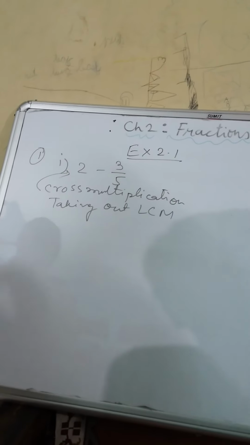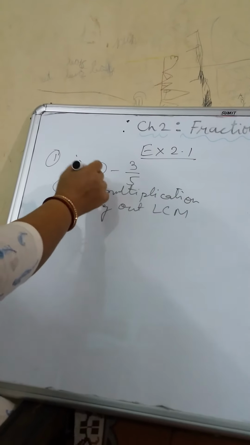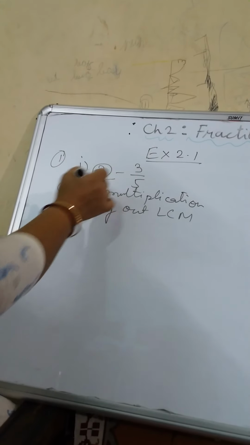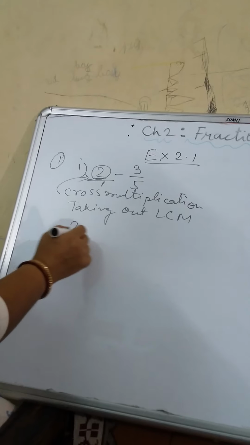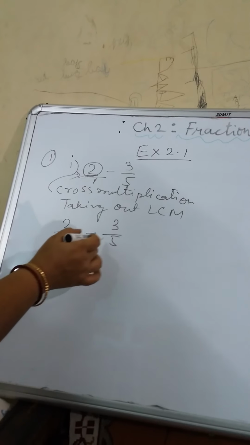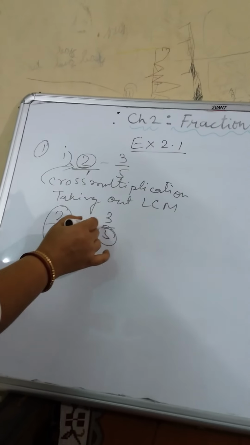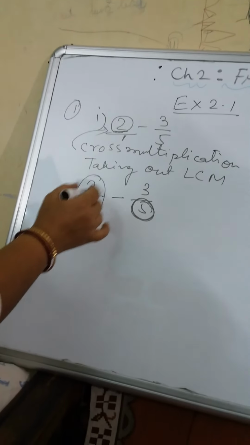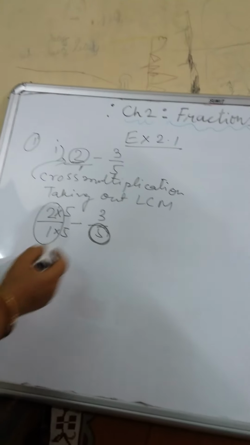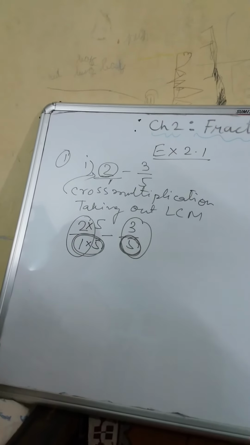Now, first I will take cross multiplication. Cross multiplication means, it is 2 and it is a whole number, so its denominator is 1. So that is actually 2 by 1 minus 3 by 5. Cross multiplication means I will multiply this fraction by its denominator, and this fraction by its denominator.